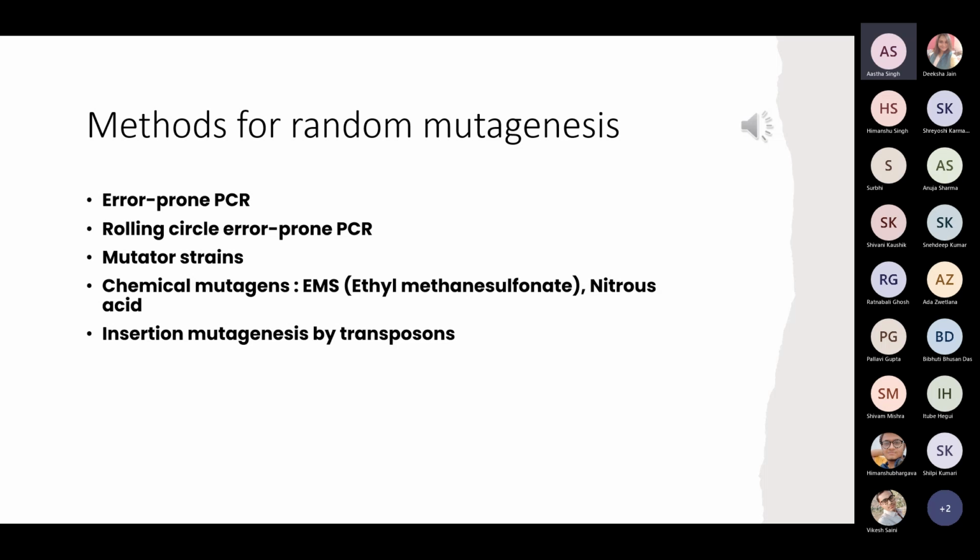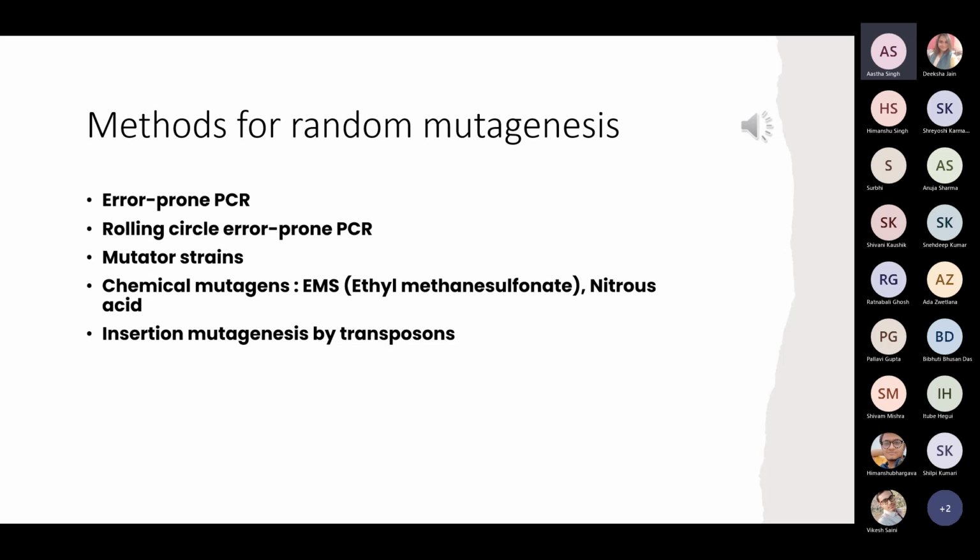Next, we have mutator strains, which are strains of bacteria that are deficient in DNA repair pathways. We clone our gene of interest into these strains and allow them to divide over multiple rounds. Since they are defective in DNA repair pathways, they keep accumulating mutations in their genome as well as our gene of interest, which can then be isolated.